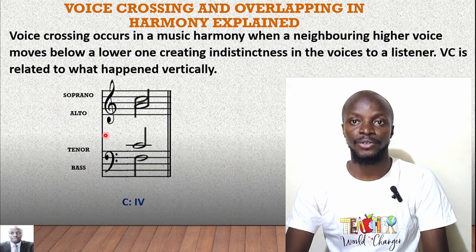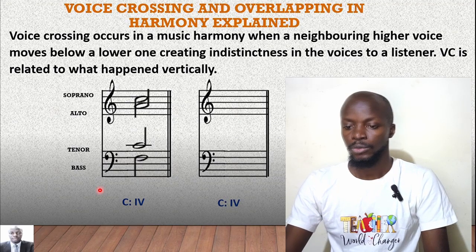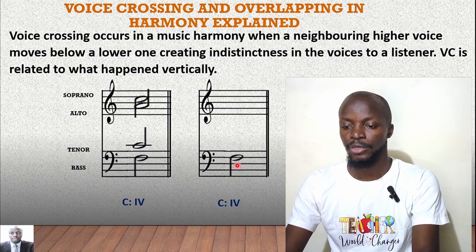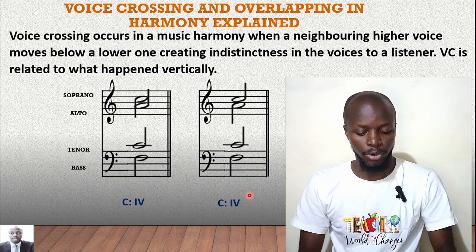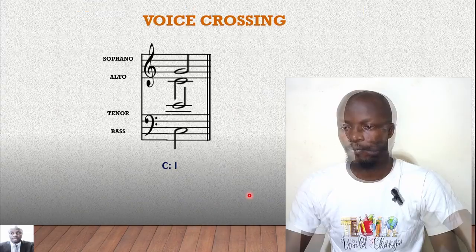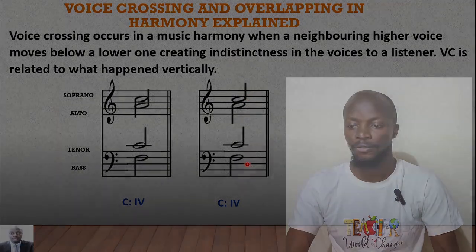It should be in that order, but this is totally wrong. So how do you correct this chord? We can correct it this way. So we have our bass here, tenor, alto, then soprano. So we have our chord as, all right. So this is how the notes should be arranged: soprano, alto, tenor, and bass, right?